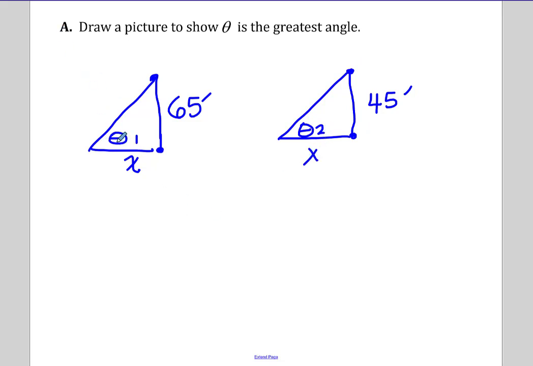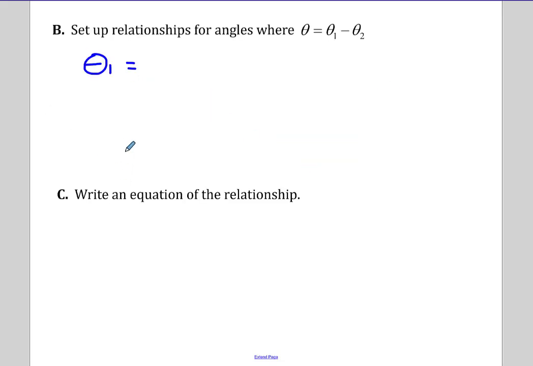So we could say tangent is opposite over adjacent.